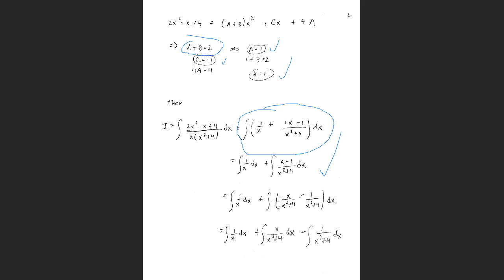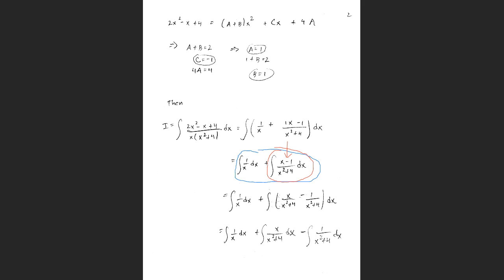Okay, so now our integral, now I'm right here. And this integral on the right here, the integral of x minus 1 over x squared plus 4 dx, I can split that integral up, right? This is a fraction here.